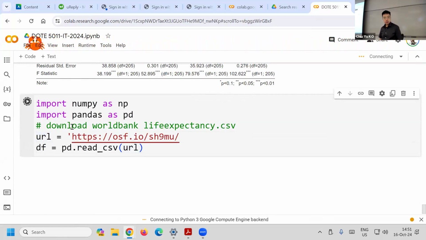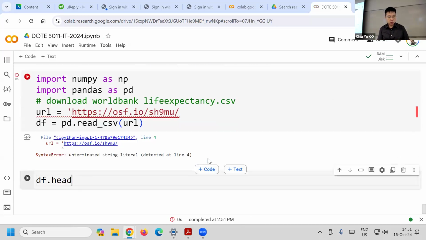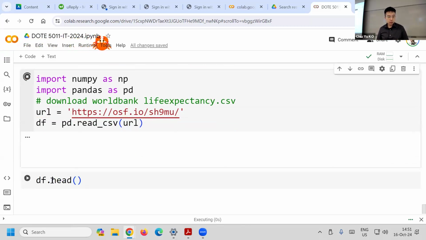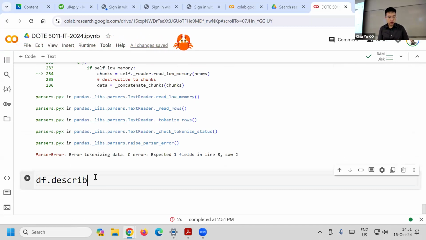Okay, so I have this here. After I download it, I probably try to check. Oh, I got this here. So maybe instead of the head, I use the disk, right?